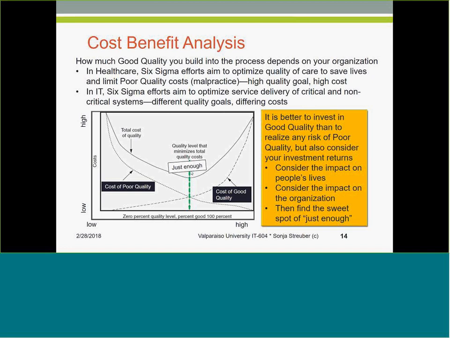And this is where we have just enough. And when you're at the just enough point, at the break-even point between the cost of poor quality and the cost of good quality, that is when you have optimized your total cost of quality. Right? And it's better to invest in cost of good quality, right? Because poor quality is a risk that you want to prevent with that investment.